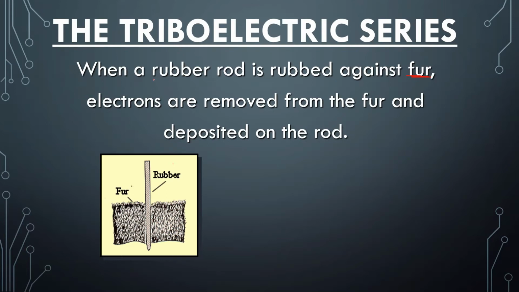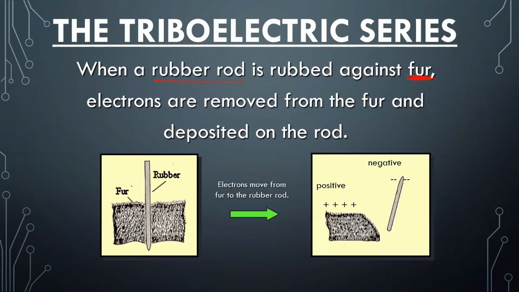If you have a rubber rod and you rub this into a fur, then the electrons are removed from the fur and deposited on the rod. Since only electrons are transferred, those negatively charged particles are the only ones transferred.